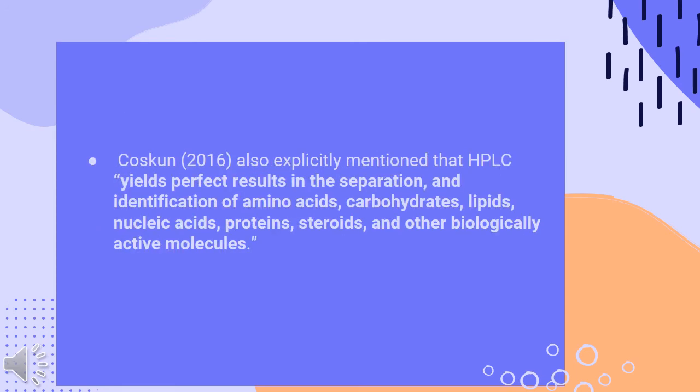Koskun also explicitly mentioned that HPLC yields perfect results in the separation and identification of amino acids, carbohydrates, lipids, nucleic acids, proteins, steroids, and other biologically active molecules. With this, future iterations of the experiment can use HPLC for faster and more accurate results.